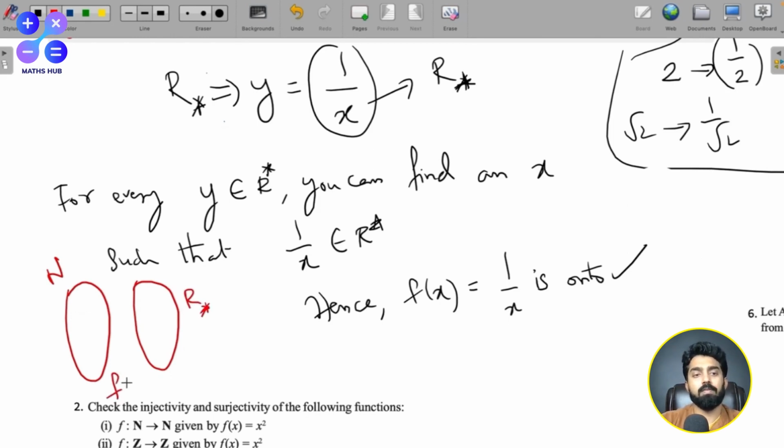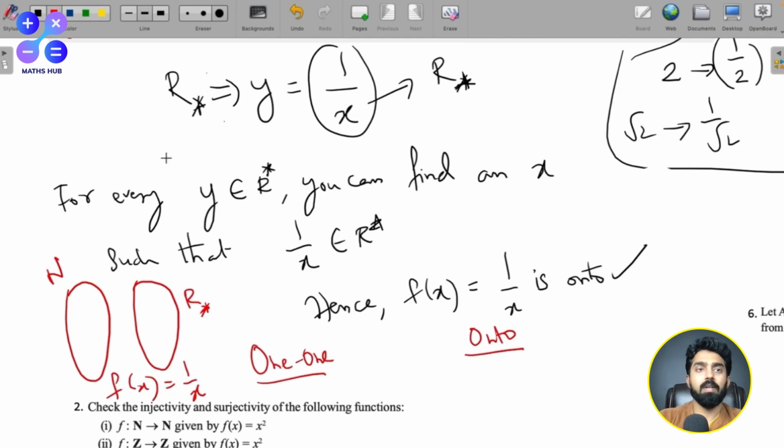So if this is f of x equals 1 by x, now the domain is only natural numbers. Let's check first for one-to-one, and then let's check for onto. The logic is basically the same.